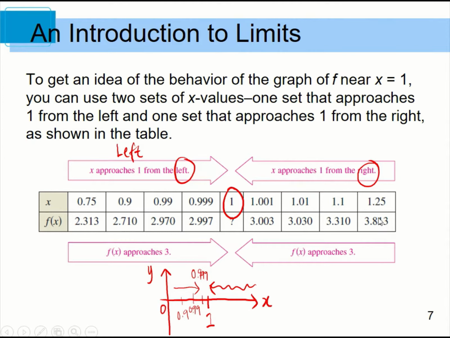For y, the values start from 3.8, then 3.3, 3.0, 3.003. So we can see from here that when x approaches 1 from the right, y also approaches 3.